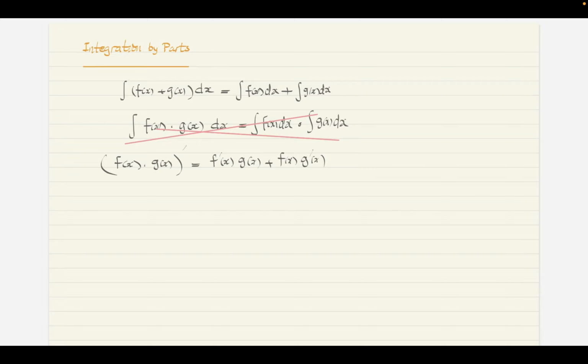Now if I integrate both sides, it becomes the integral of (f(x) g(x))' dx. On the right hand side, I know that the integral of the sum can be split into two parts, so it can be the integral of the first one plus the integral of the second one.